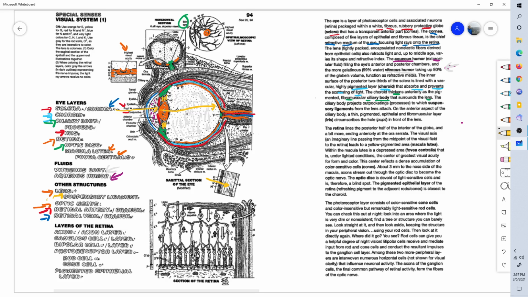And shown here is a layer of the retina. Right here, coming out. Of course, underneath you have the choroid layer here. This is that pigmented layer underneath the retina.